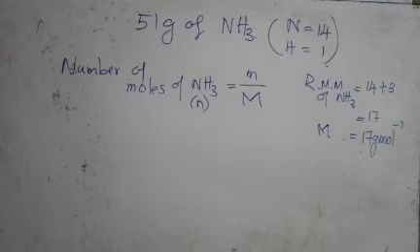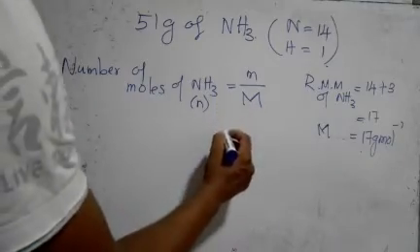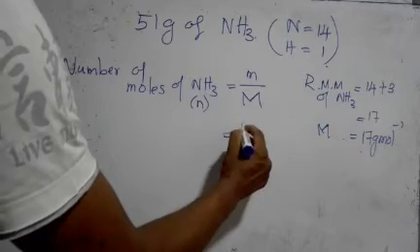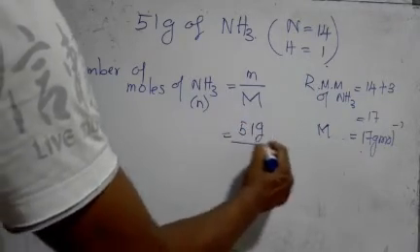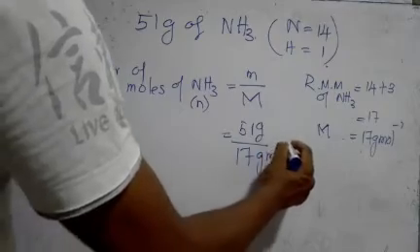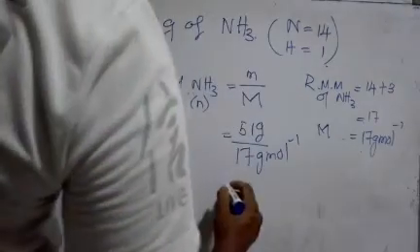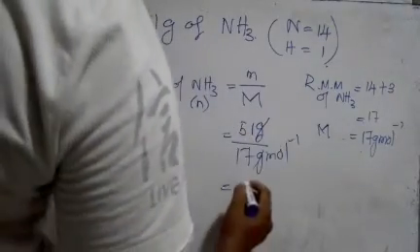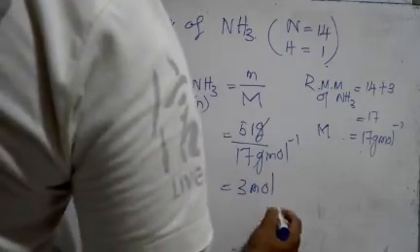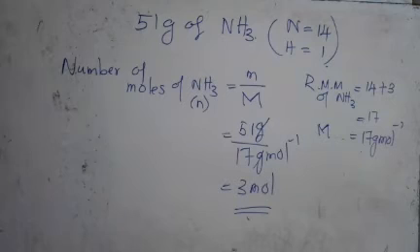Then we can substitute it here. The mass given is 51 grams and the molar mass is 17 grams per mole. So that is 3 moles. So there are 3 moles of ammonia.